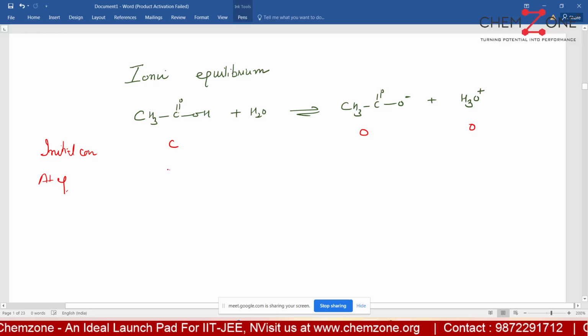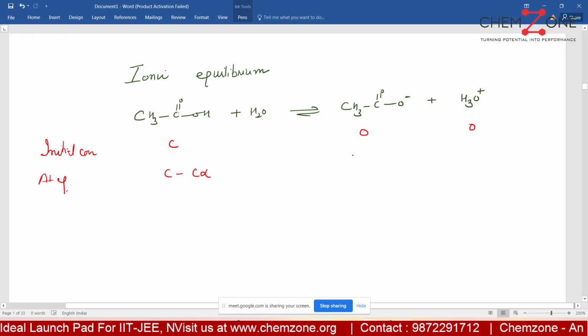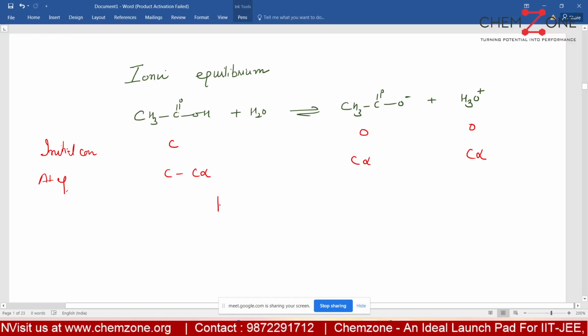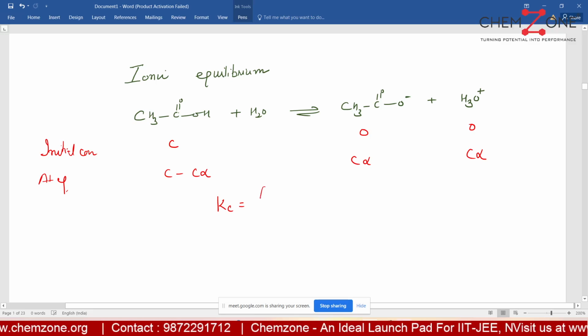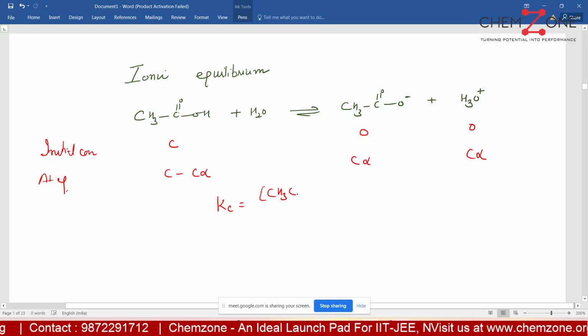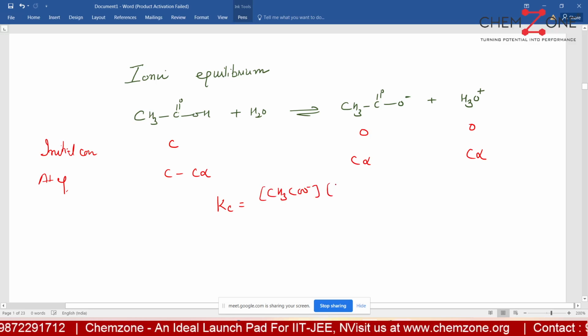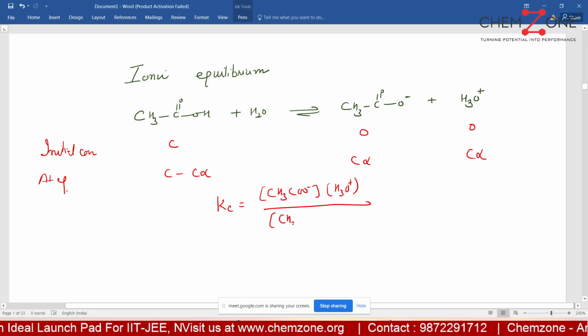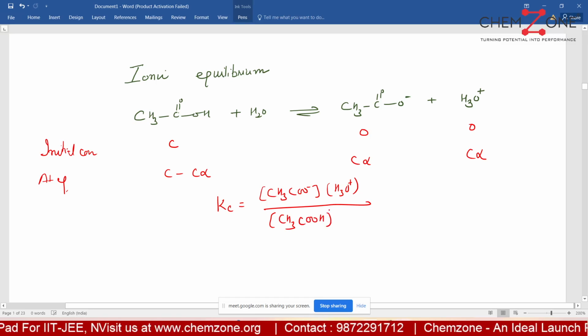At equilibrium, alpha is the degree of dissociation, so C alpha will go. And the equilibrium constant is equal to product upon reactant: acetate ion into hydronium ion upon acetic acid.